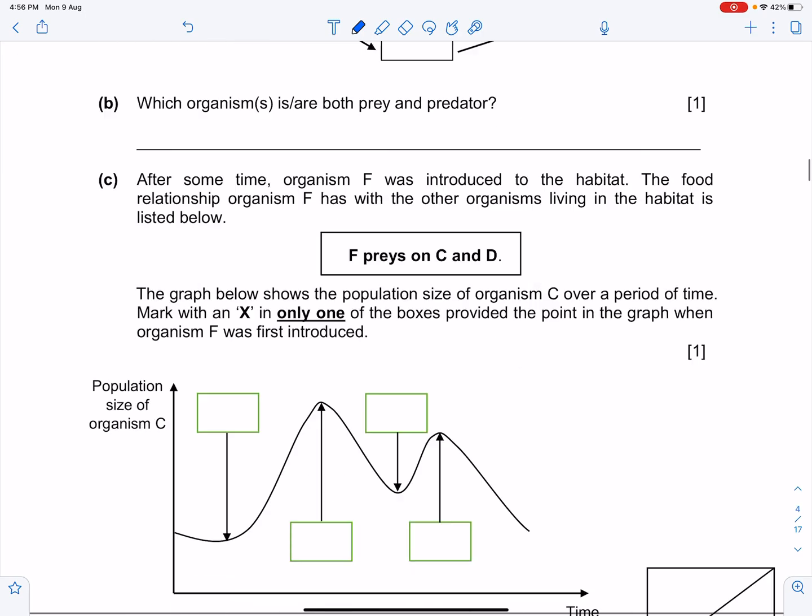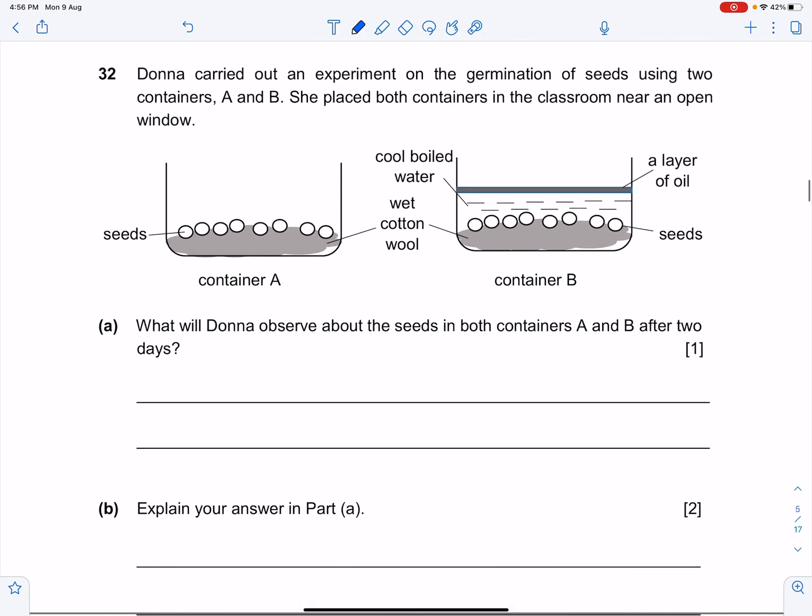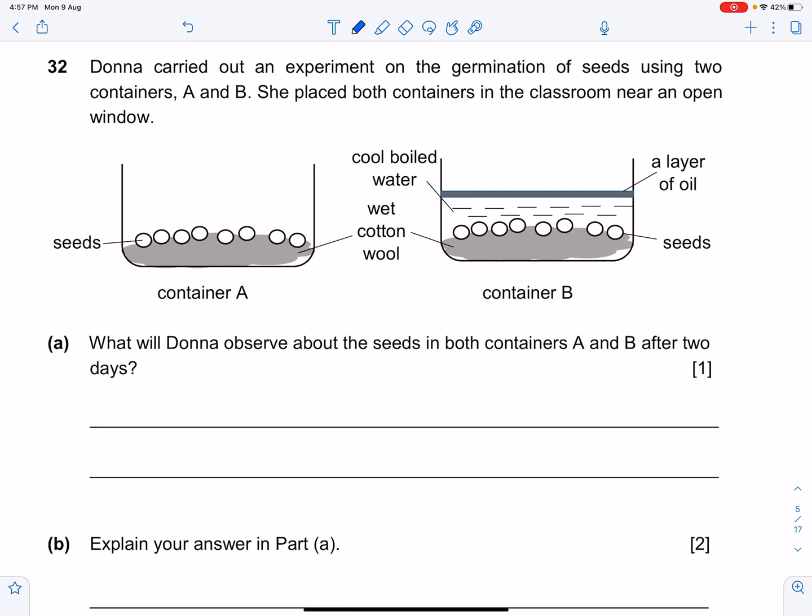We're skipping questions 30 and 31 as well. We're jumping straight to question 32. In question 32, first things first, I always tell my students, try to identify what the question topic is on. Right off the start, we see a lot of words that are giving us help. Donna carried out an experiment on the germination of seeds using two containers A and B. She placed both containers in the classroom near an open window.